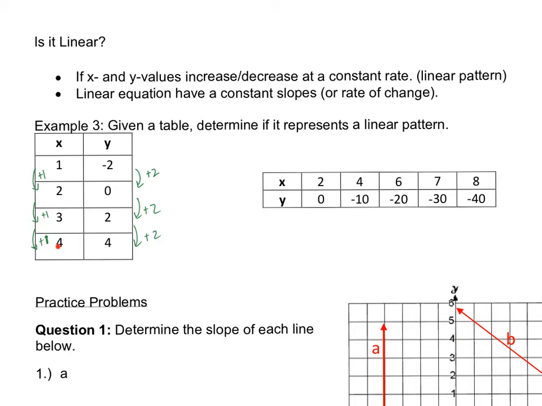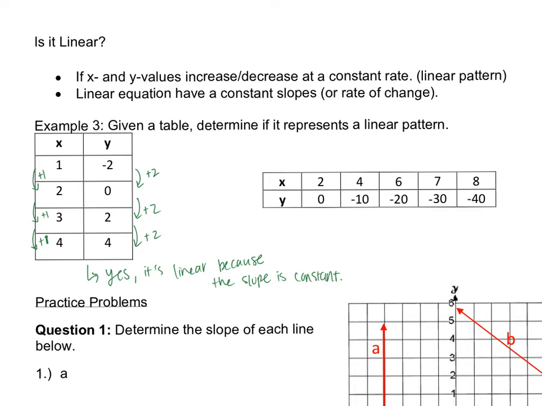So because the x's all stayed the same and the y's all stayed the same as it increased, we can say, yes, this is a linear function, because the slope is constant or the rate of change is constant.